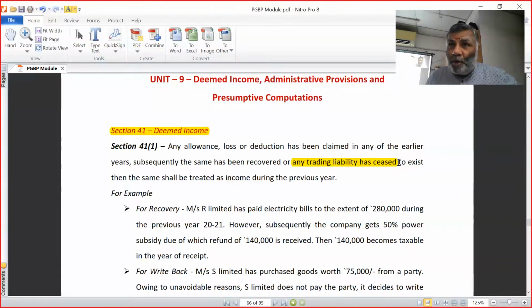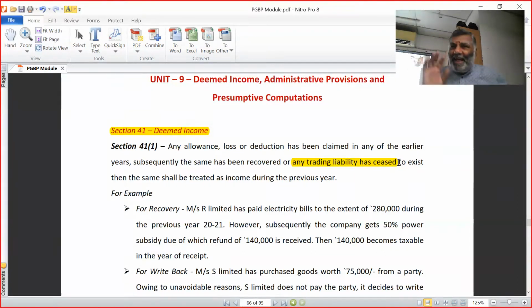What if I don't pay my supplier? I can't call it bad creditor. If I don't pay my supplier, accountancy has not coined a term. Trading liability ceasing to exist. Write-back of creditors. Trading liability ceasing to exist.